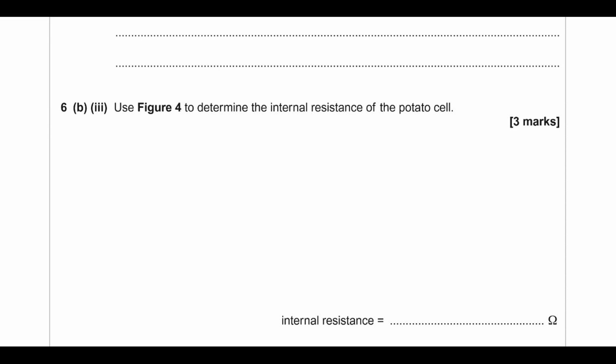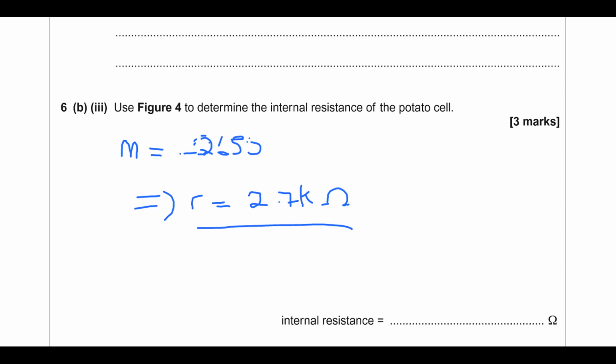But if you draw a straight line of best fit, the gradient of the graph should be, if you use a very large triangle, which you always should, so as much of the graph as possible, I got the value of 2,650 when I did this, which means the internal resistance is going to be 2.7 kiloohms. So that's pretty large, but it is a potato, not a regular battery, so that's not entirely surprising.